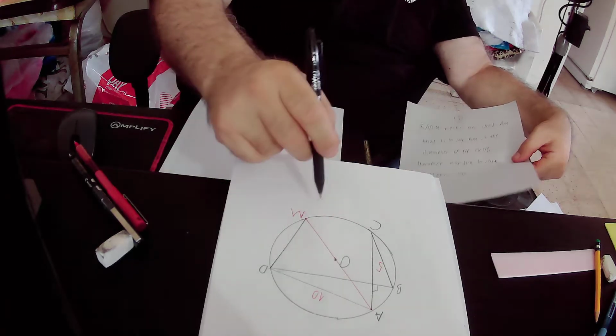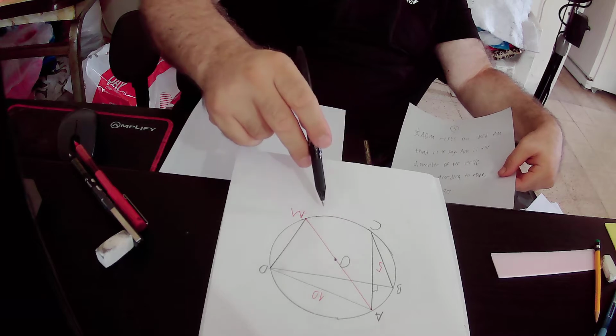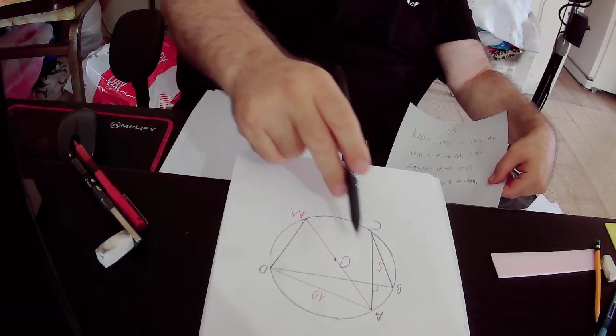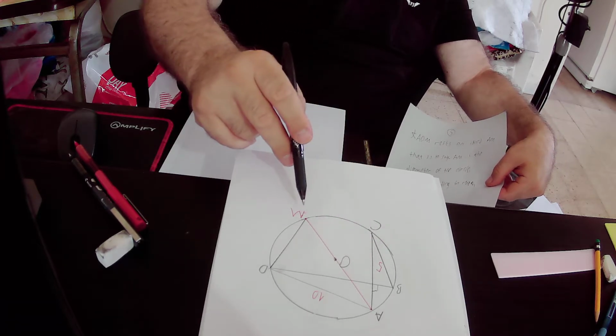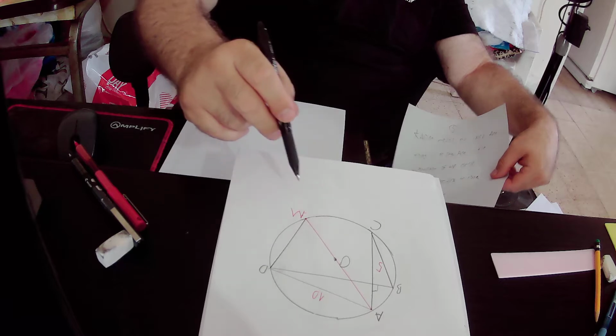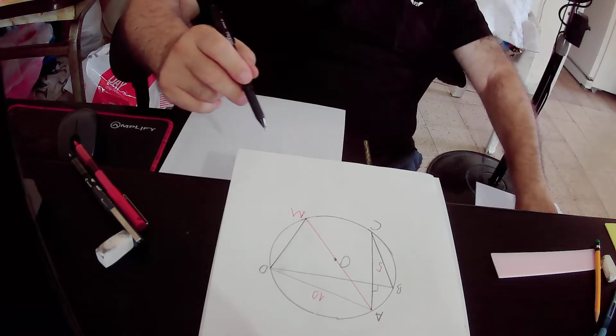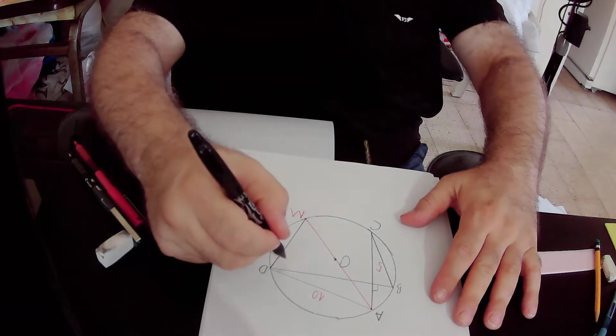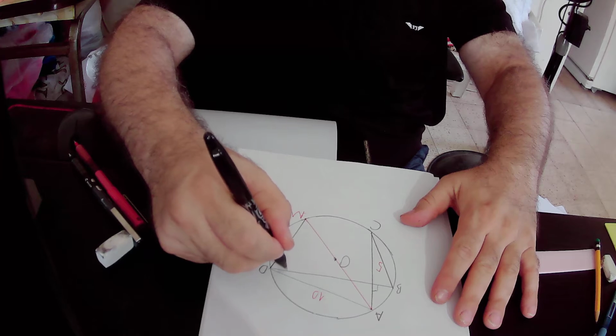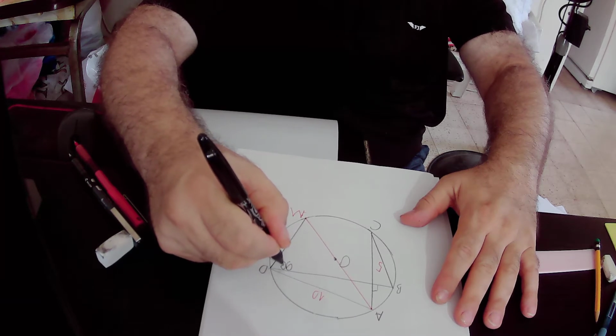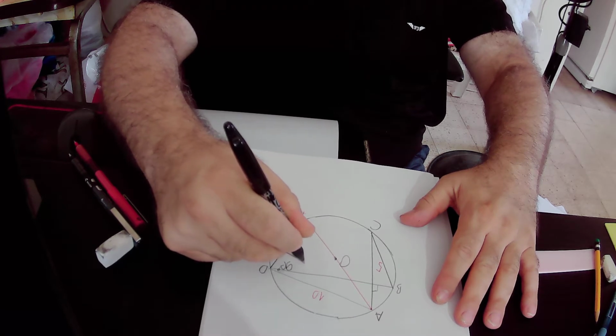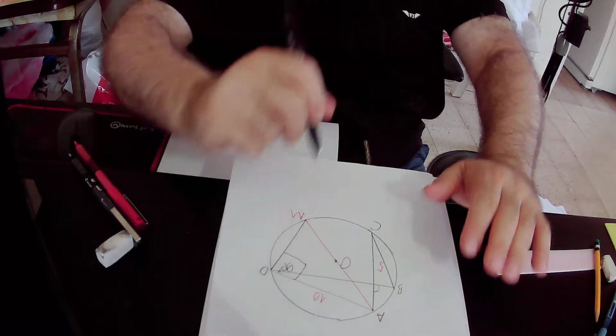Angle ADM rests on AM, that is the diameter of this circle. Therefore, according to rule number 1, it equals 90 degrees.